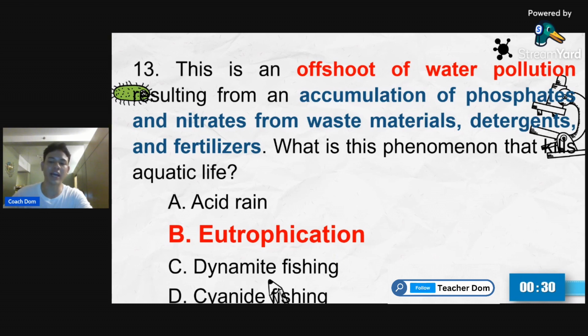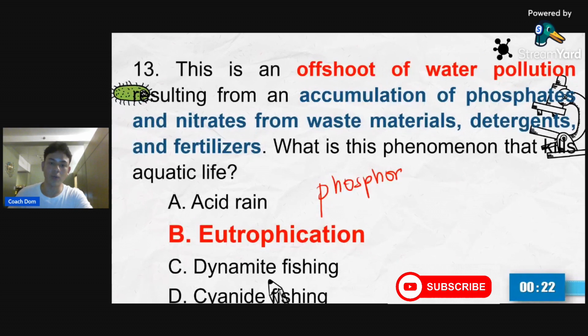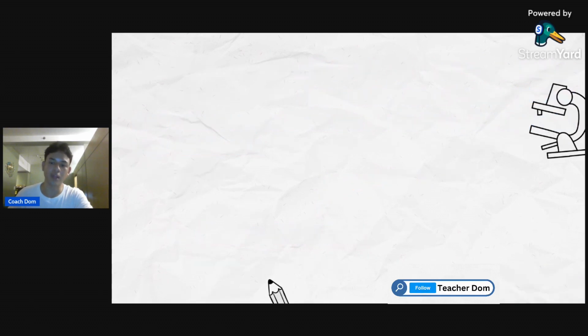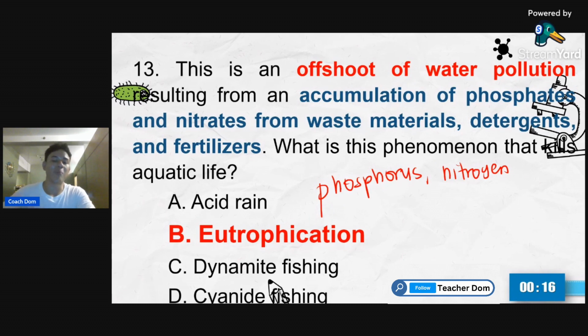For example, we have the concentration of phosphorus, the concentration of our nitrogen and other plant nutrients in an aging aquatic ecosystem such as a lake. If there's too much phosphorus and nitrogen, there will be eutrophication na mangyayari.